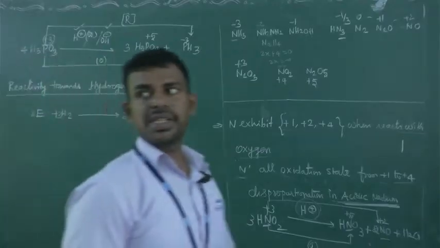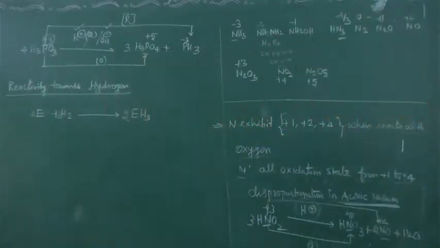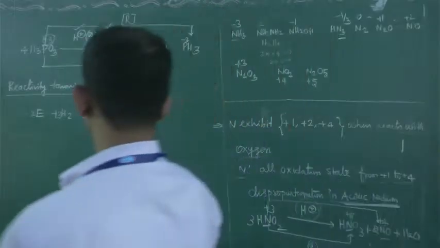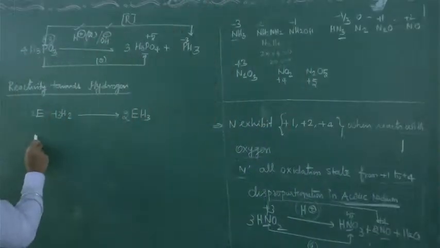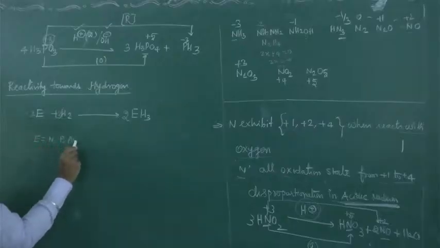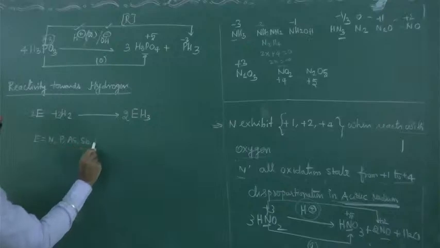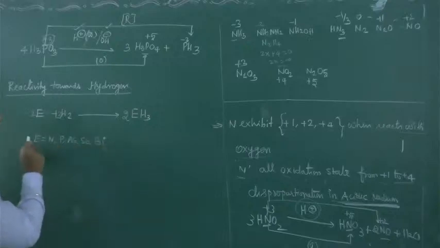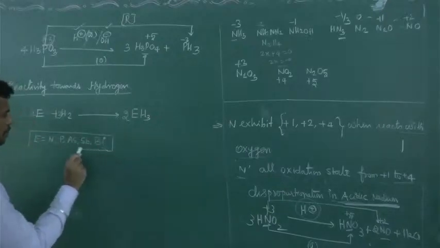Which type of hydrides will it form? EH3 hydride. E can be either nitrogen, phosphorus, arsenic, antimony, or bismuth. Please note this.